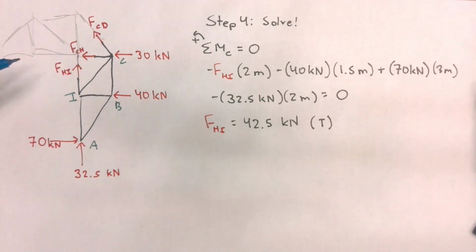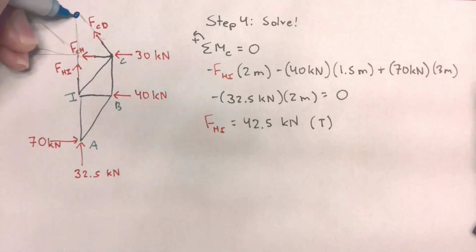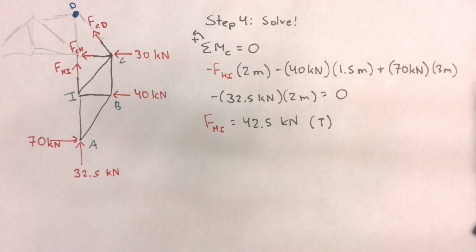If I want to find my force from C to H, I can find that force by using sum of forces in the x direction, or I can also find that force by taking a moment about point D. Whichever method you choose is up to you. Personally, I would find it using my sum of forces in the x direction because that's easier.